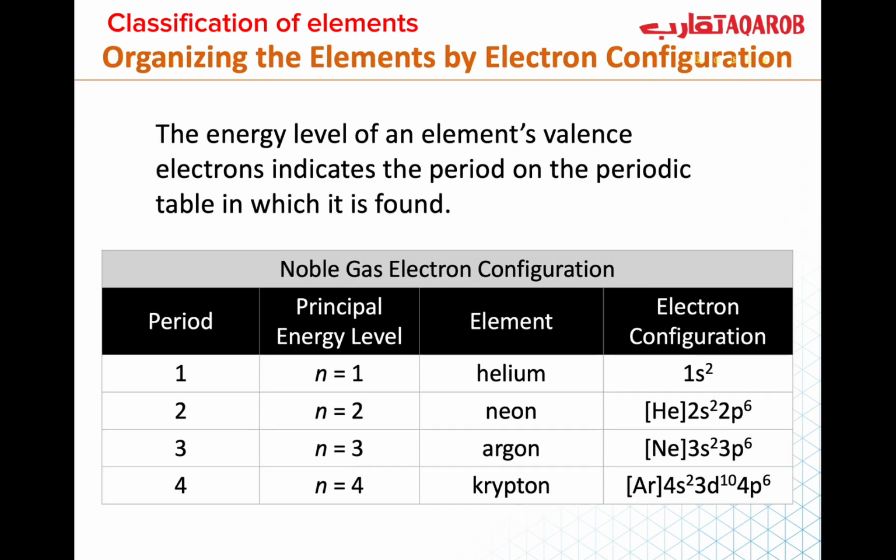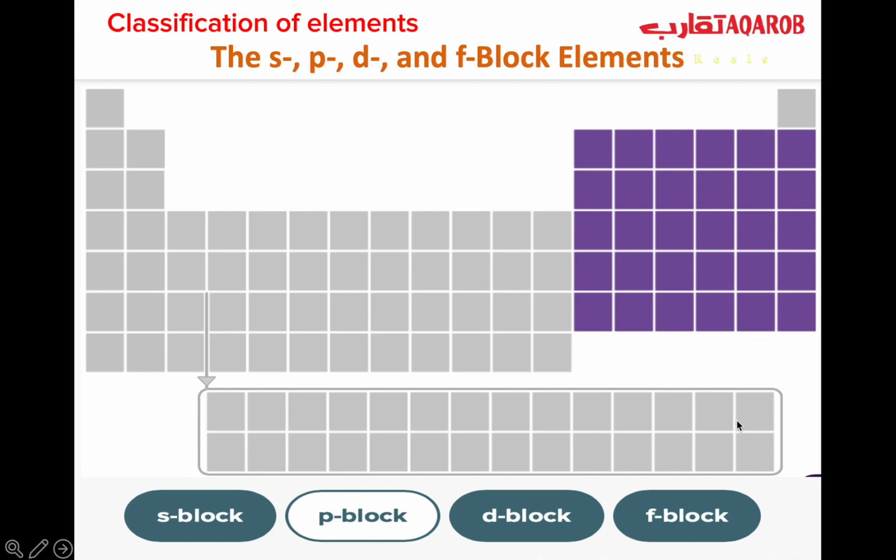As we see in this table, the energy level of an element's valence electron indicates the period of the periodic table. These are the noble gas notations for some elements containing S and P sublevels.